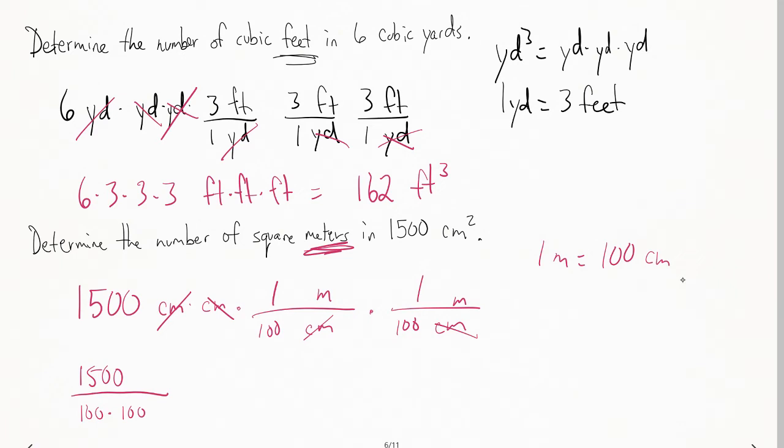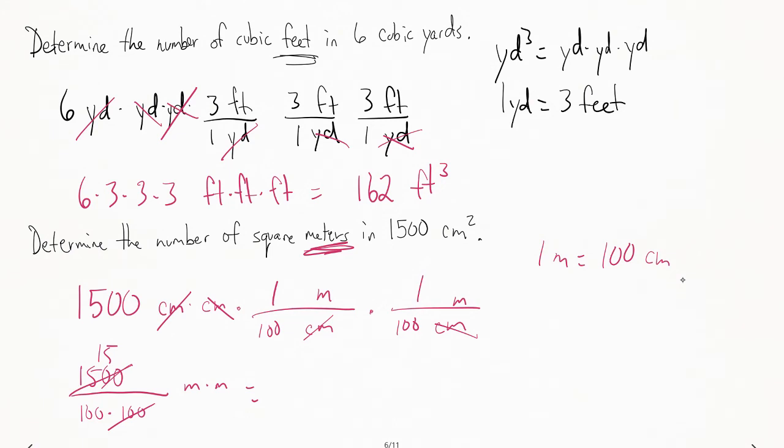Okay, and so you can make your life a little bit easier. So this 100 will cross off with the 2 zeros there for the 50. So we're left with 50. No, let me cross it off this way. So we're left with 15 over 100, and then I should put meters times meters. Sorry about that.